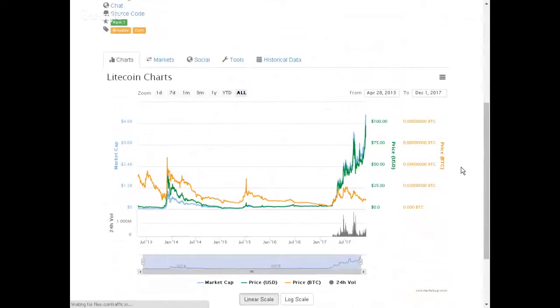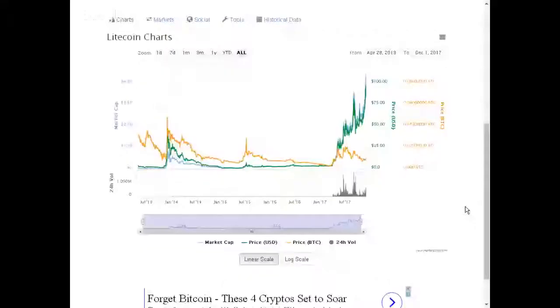I mean, if you just look at this chart, it's slowly just going down. So I think over time Bitcoin will outperform Litecoin, and because of that, the value of Litecoin versus Bitcoin, you're just not going to get that. Bitcoin value is just going to slowly whittle down, unfortunately.